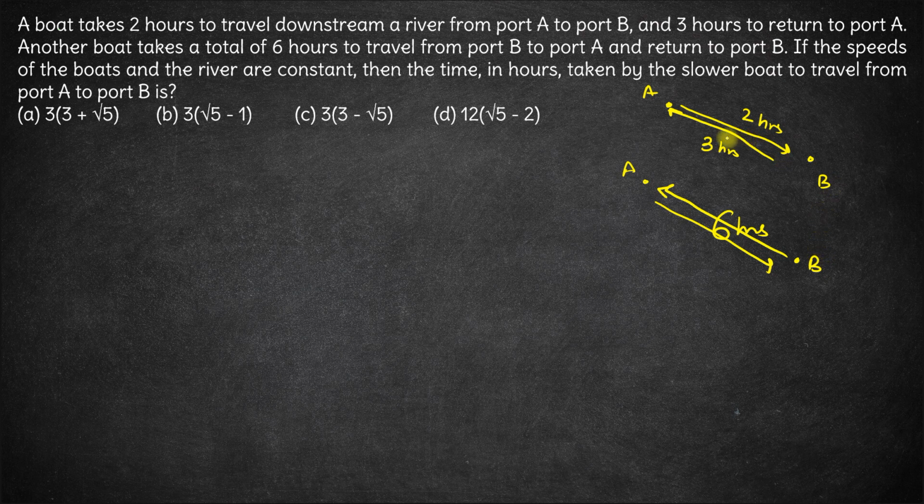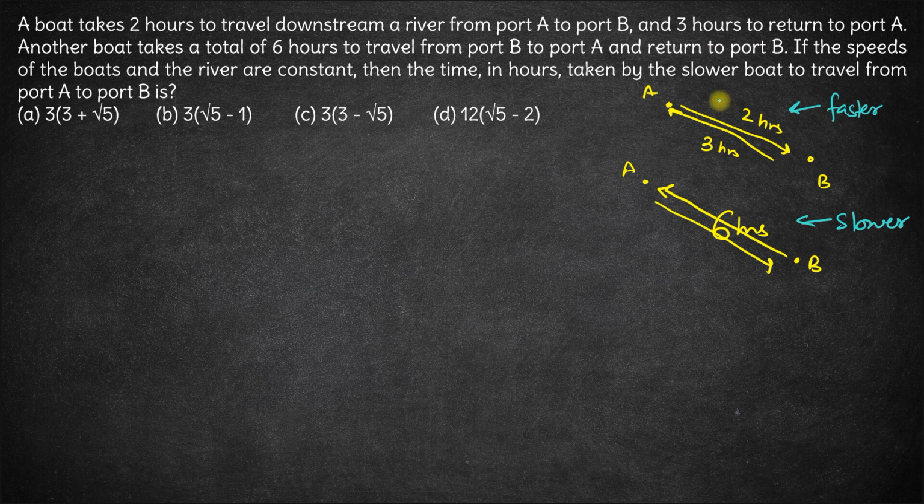So from both these cases we can say that this boat is the faster boat as it is covering the to and fro distance in just 5 hours, and this is the slower boat because it is covering the whole distance in 6 hours, which is greater than the total time over here. So this is the slower boat and this is the faster boat.